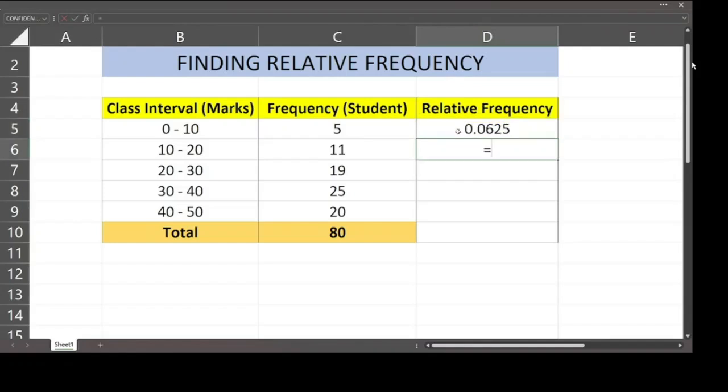And the next, 11 divided by 80. And the rest is calculated as follows. These are all the relative frequencies for the given class intervals.